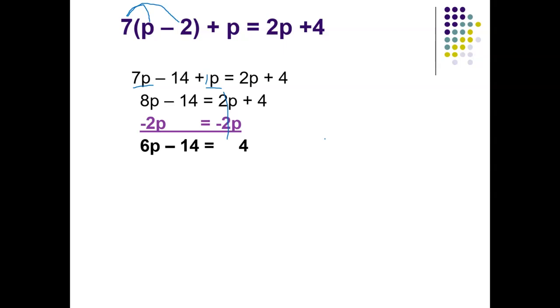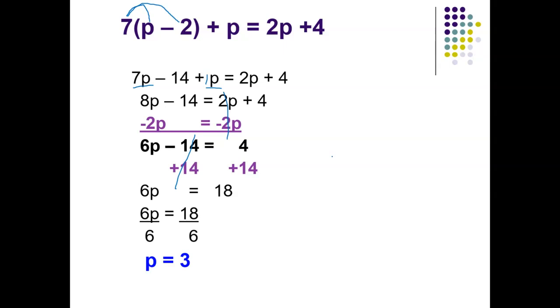To get rid of the negative 14, I'm going to add 14 to both sides. So I can get rid of the 14s, and this gives me 6p equals 18. Now I want p alone, so I divide both sides by 6. That gives me p equals 3 as my final answer.